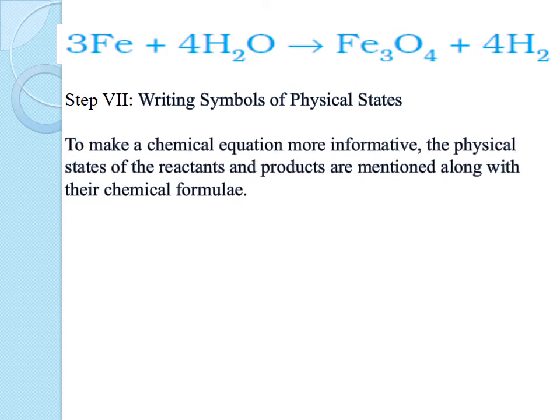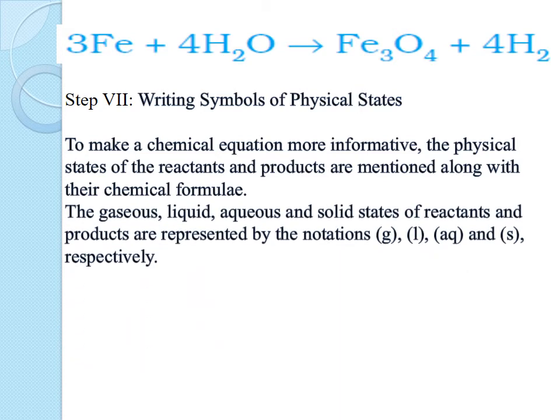Writing symbols of physical state. To make a chemical equation more informative, the physical states of the reactants and products are mentioned along with their chemical formula. The gaseous, liquid, aqueous and solid states of reactants and products are represented by the notations g, l, aq and s respectively.